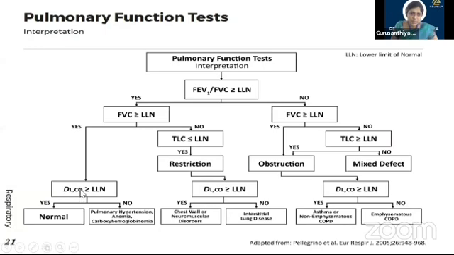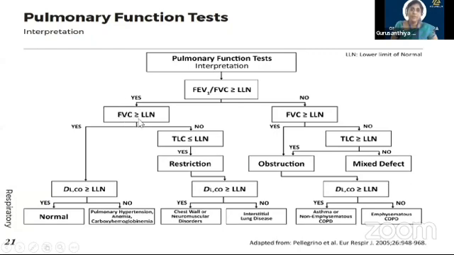If the diffusion capacity is also normal, then it is a normal pulmonary function test. But if every lung volume and capacity is normal and the diffusion alone is not normal, then DLCO is less. It means carboxyhemoglobinemia or anemia. So this part of the graph is done.